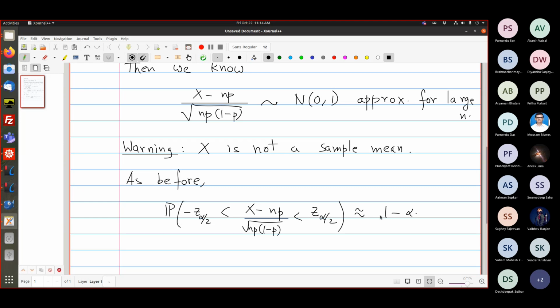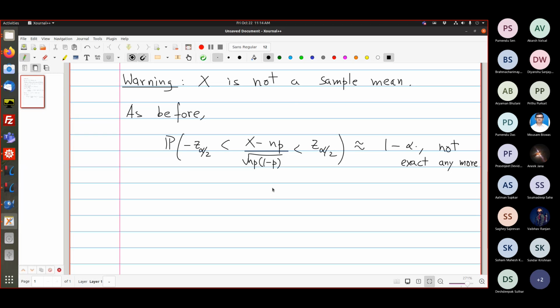This is no longer equal to 1 minus alpha. Remember when we were talking about normally distributed data, this quantity in the middle, involving the sample mean, the true mean and the true variance, was truly normally distributed. But now this is not exact. But we will use this as a good enough approximation.